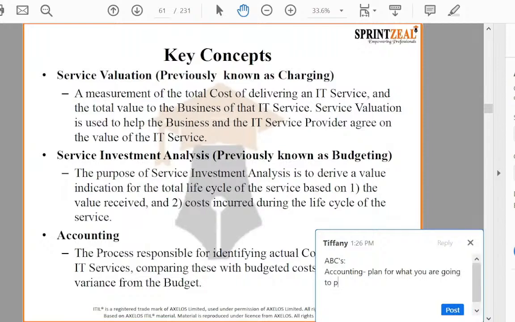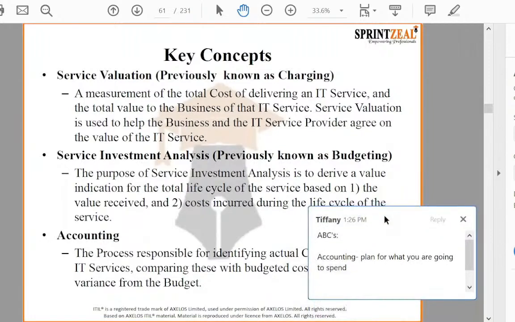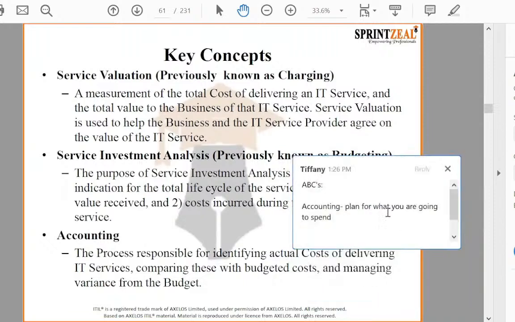Your B is budgeting. Oh, wait a second. Let's do this.